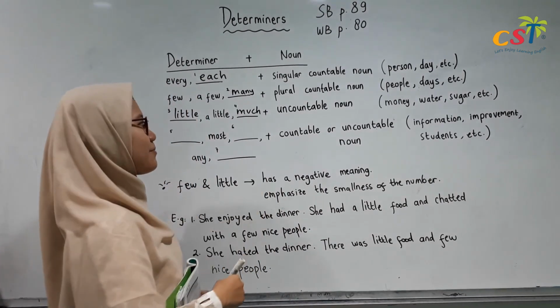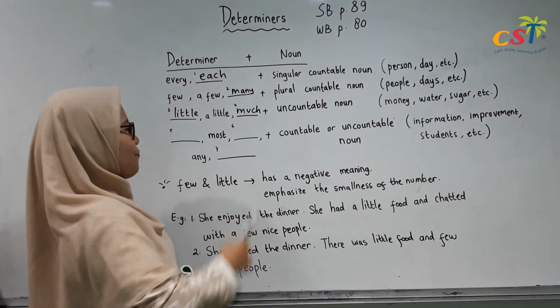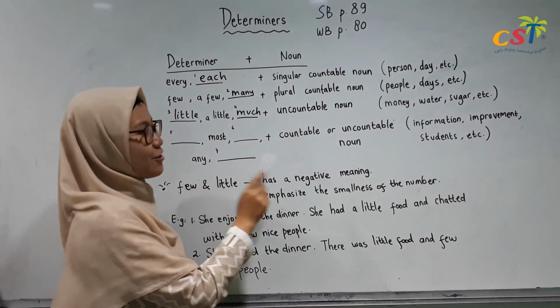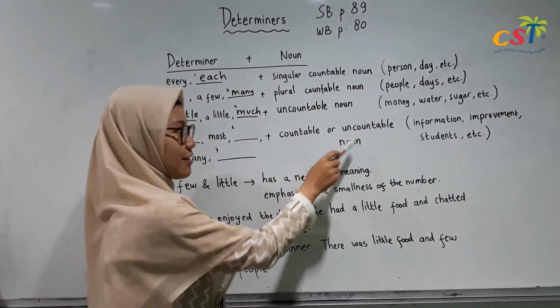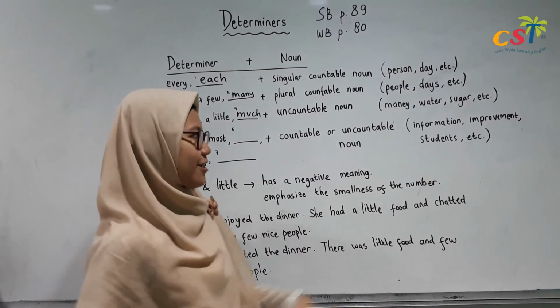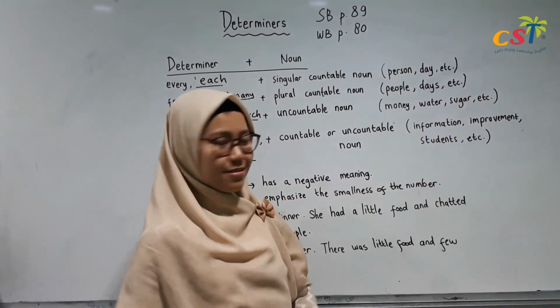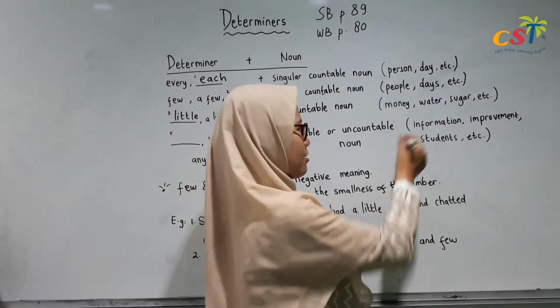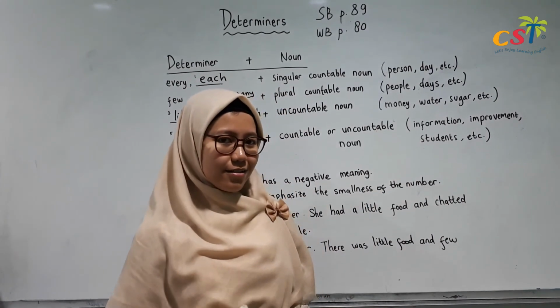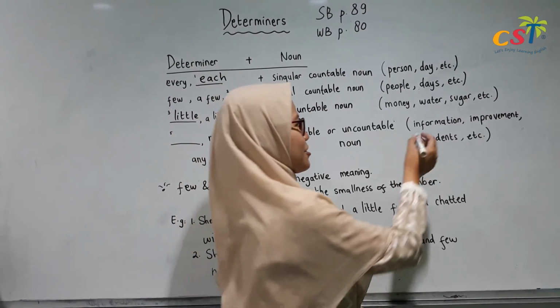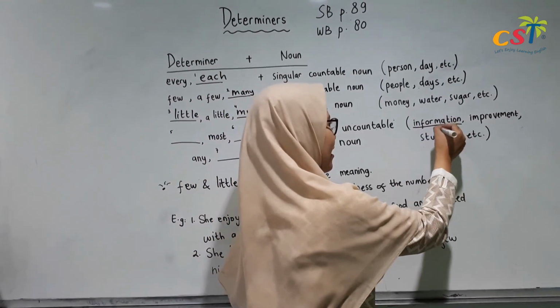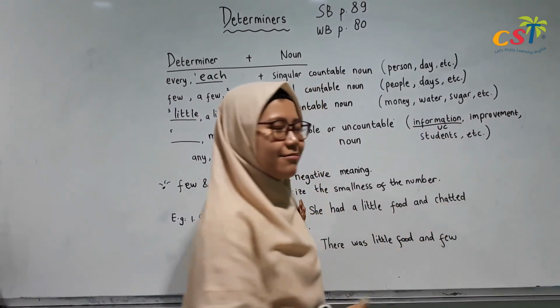Now for the ones that you can use for countable and uncountable both. For example, information, improvement, students, etc. Information, is it countable or uncountable? Information is an example of uncountable.